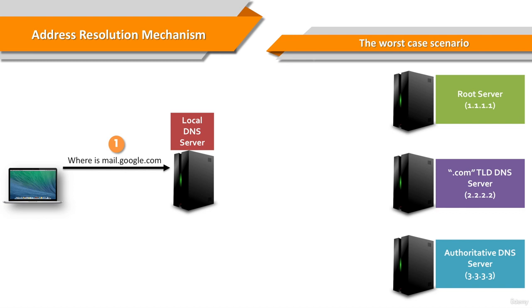Domain name resolvers determine the domain name servers responsible for the domain name in question by a sequence of queries, starting with the rightmost, in other words, top-level domain label. Assuming the resolver has no cached records to accelerate the process, which is the worst-case scenario, the resolution process starts with a query to one of the root servers.